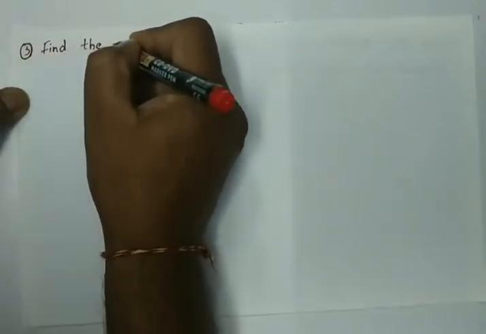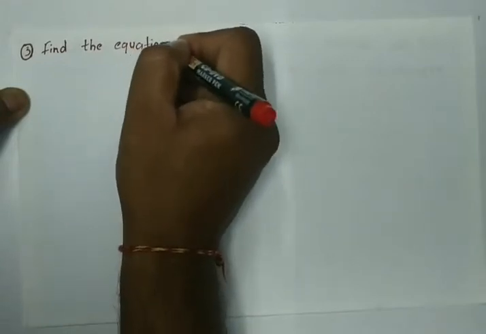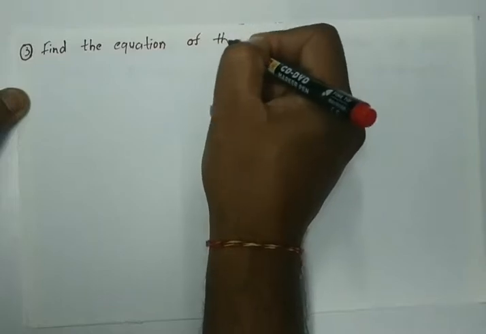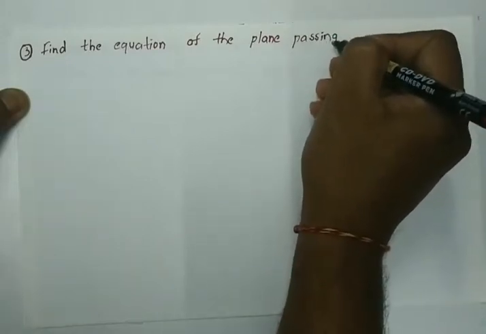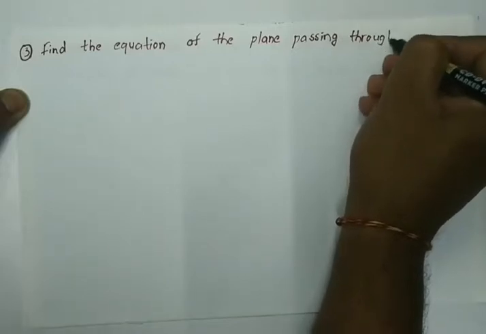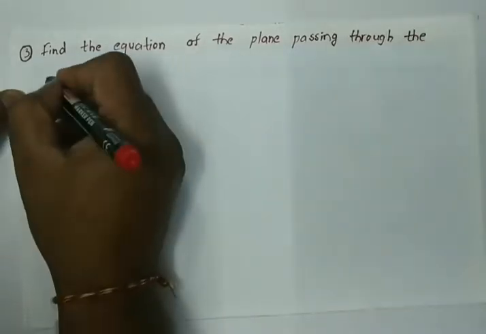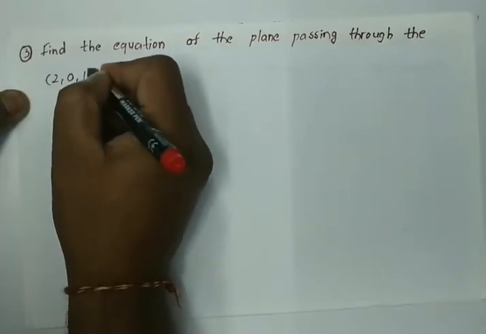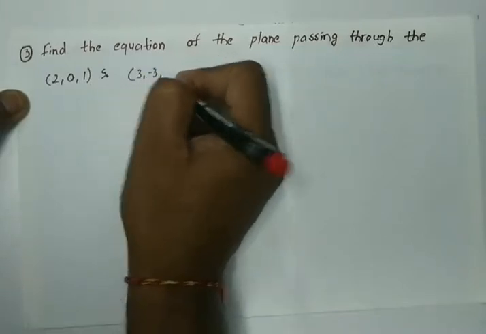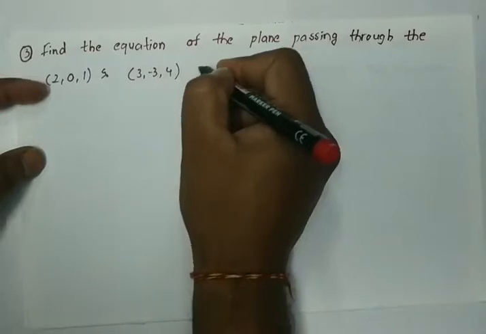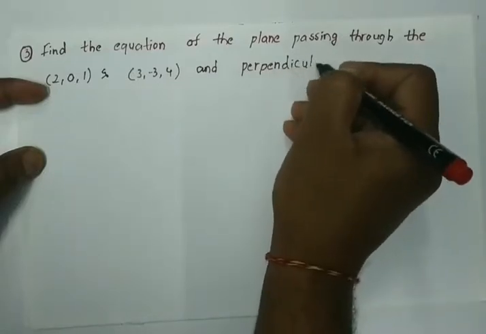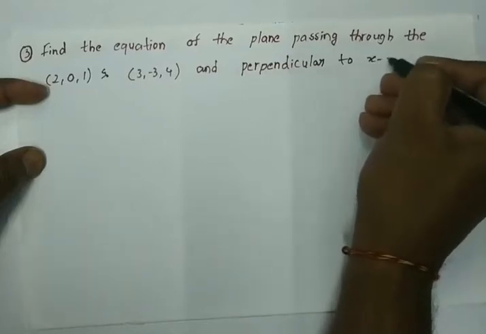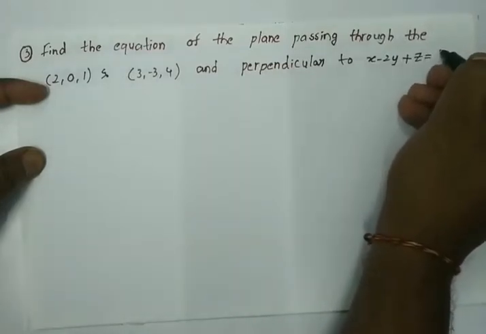Find the equation of the plane passing through the points (2, 0, 1) and (3, -3, 4) and perpendicular to the plane x - 2y + z = 6.